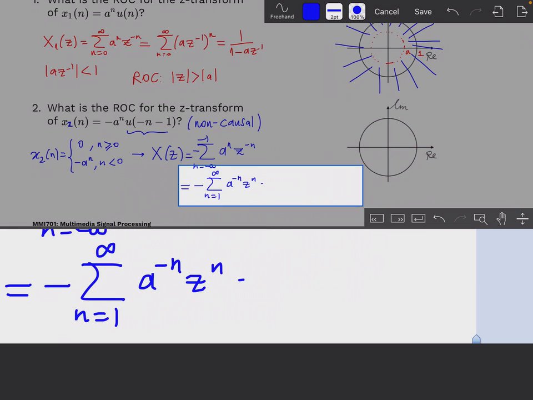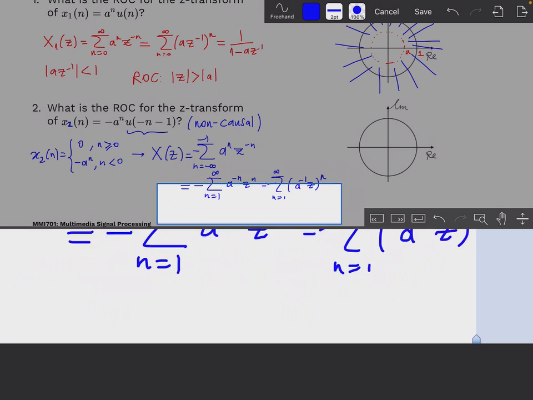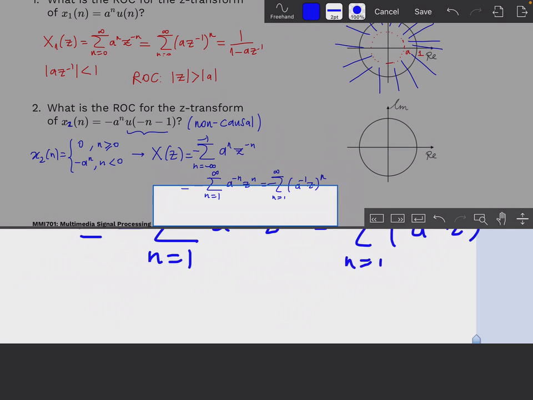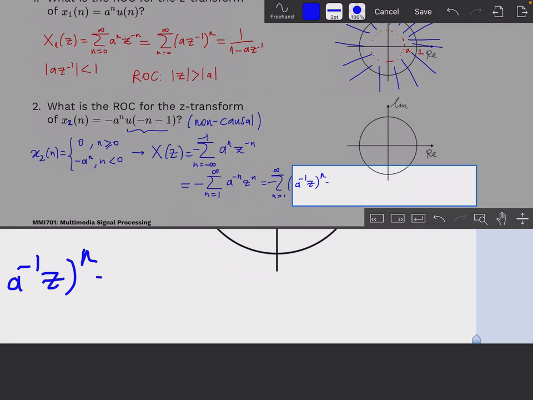which is equal to minus the sum n from 1 to infinity of a to the power minus 1, z to the power n, and this is only going to converge to what?